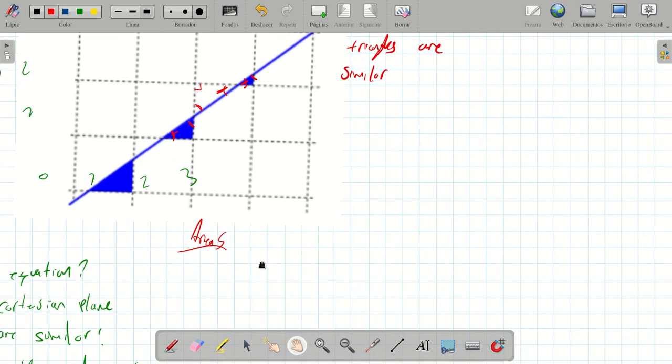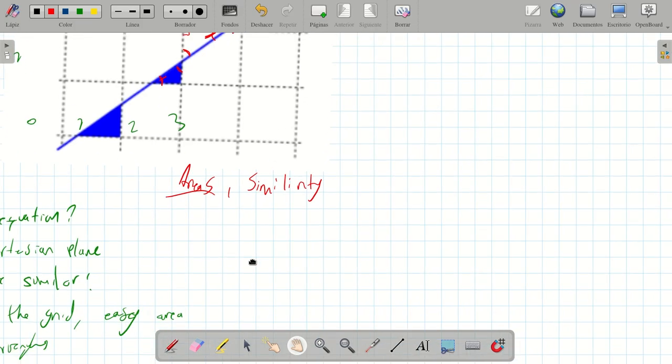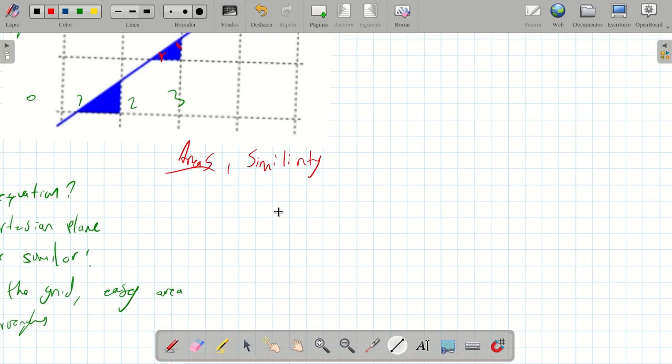So with that in mind, I need to remember what are the properties of similar triangles. So for that, let's make two triangles. And let's label the sides of these triangles.